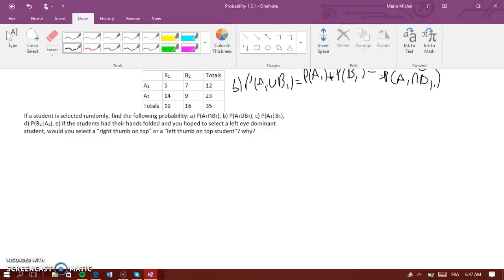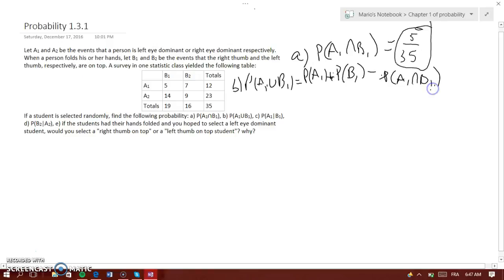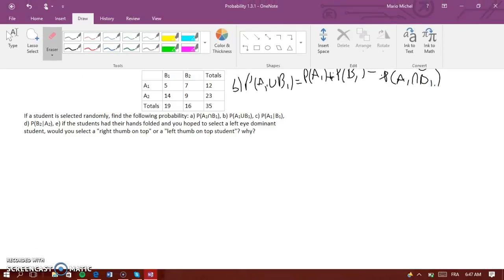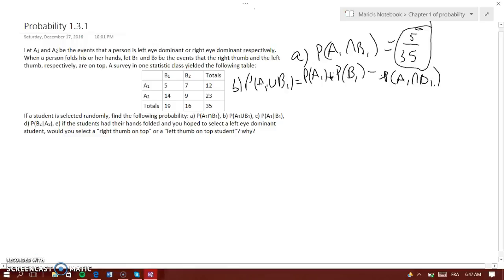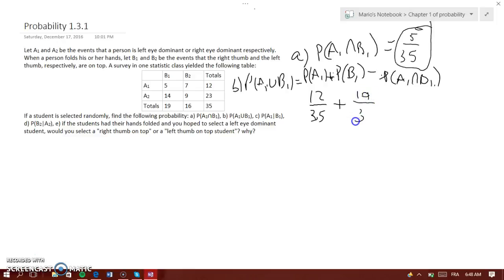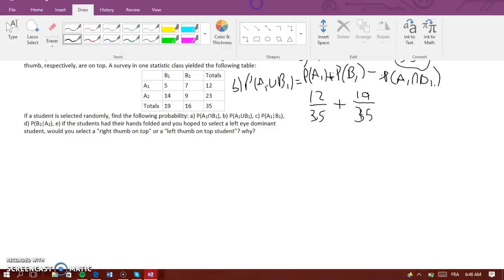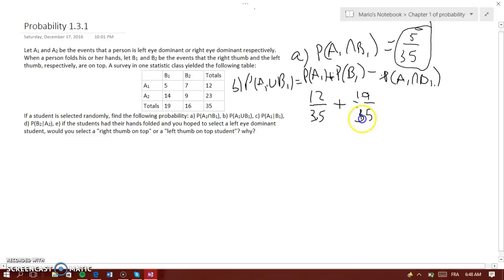So that would be your PA union B formula, where PA1 actually equals 12 out of 35, plus PB1 is 19 out of 35, and PA1 intersection B1 we already know is 5 out of 35.